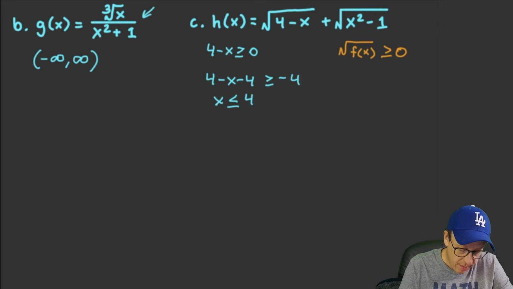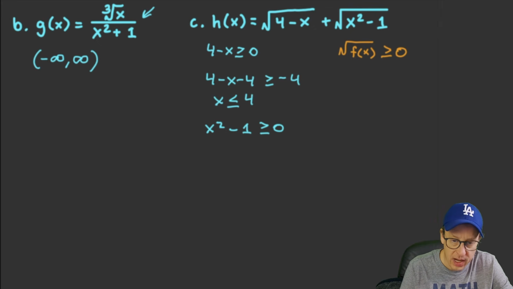And then for our other value, we'll have x squared minus 1 is going to be greater than or equal to 0. I'm going to add 1 to both sides to solve this problem, and that's going to leave me with x squared greater than or equal to 1.